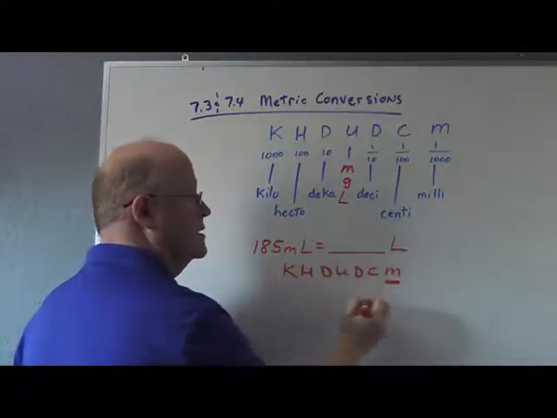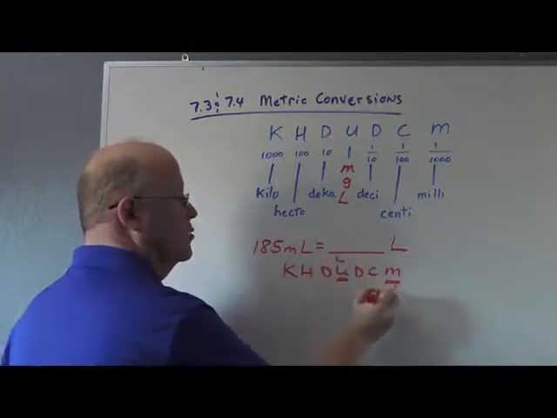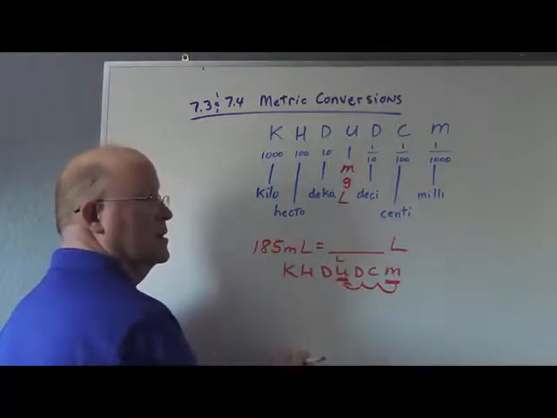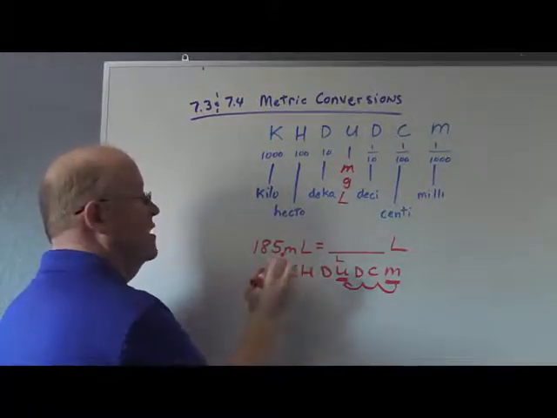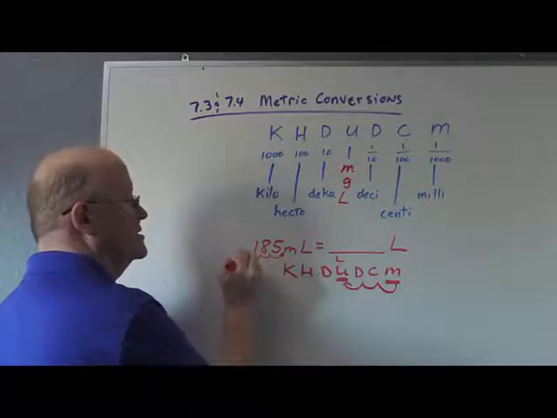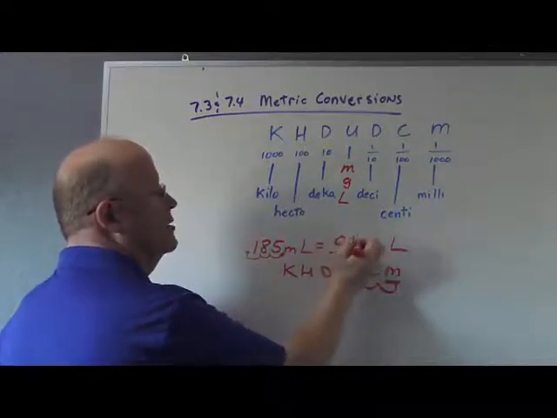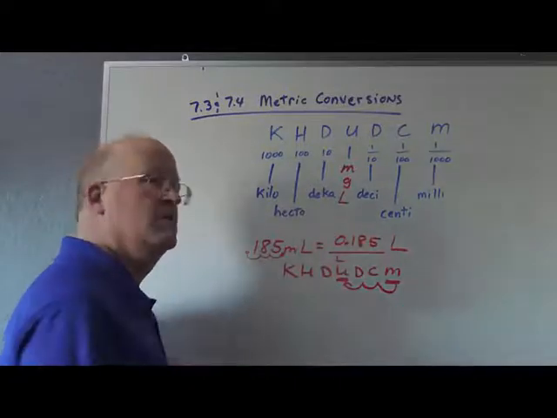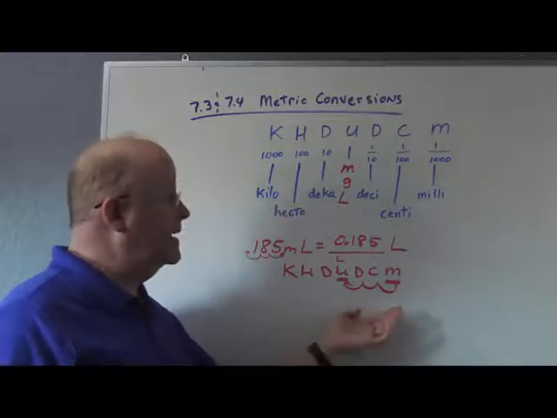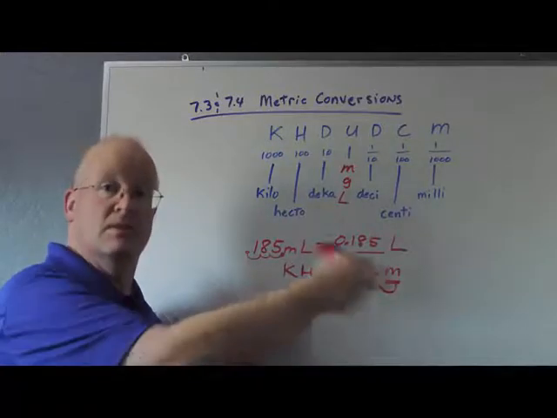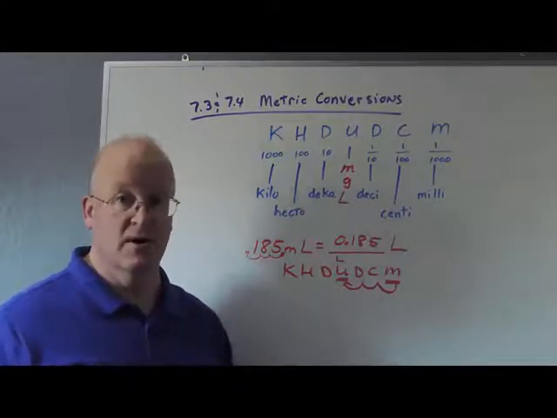We're going from milliliters to just the regular units, which is liters this time. 1, 2, 3 positions to the left. 185 has its decimal after the 5, and moving it 3 places to the left moves it to the left of the 1, and we would have 0.185 liters. Since the metric system is based upon powers of 10, and because our number system is based upon powers of 10, it's a very easy conversion process.